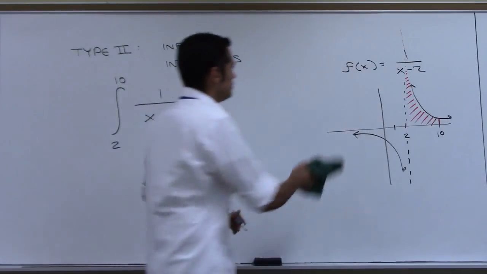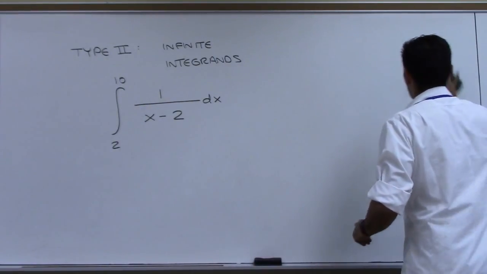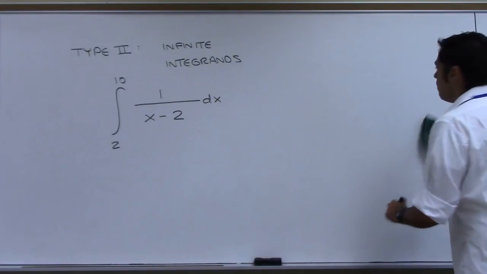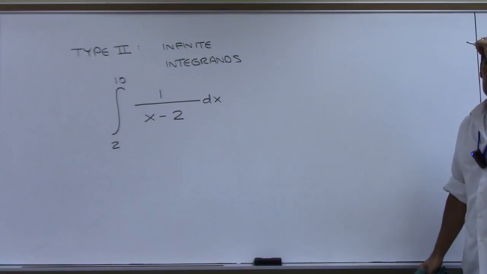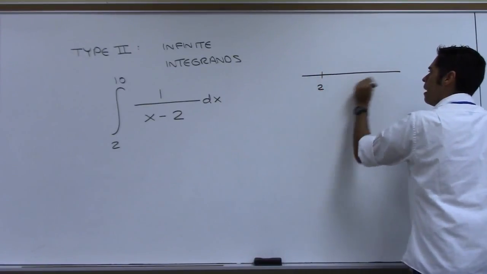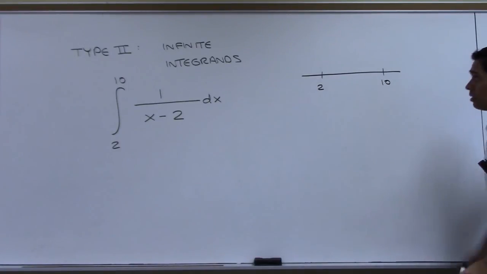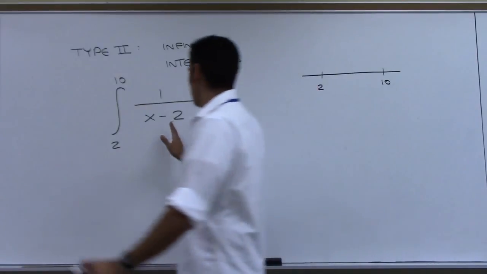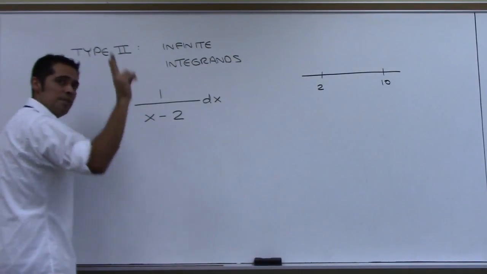So this will work as follows. I'm going to start the problem by drawing out the interval I'm integrating on. So I'm going to do 2, I'm going to do 10 here, and then I'm going to take a look at the integrand. I'm going to make sure there's no problems here, but there is. The problem is at 2.